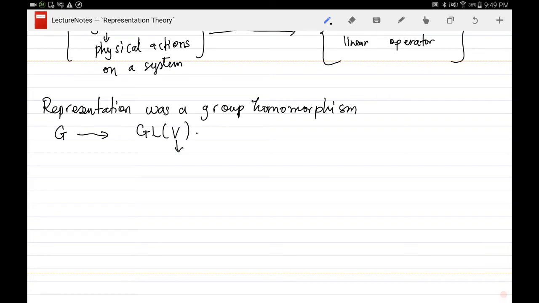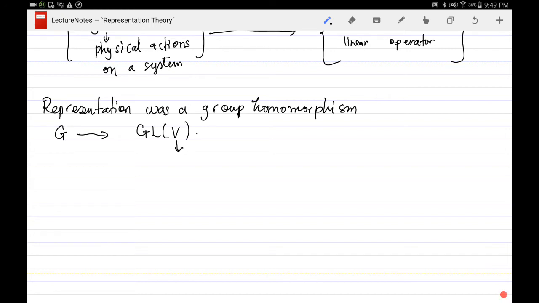And I made a very brief comment and said that I'll be a bit picky and call it the representation space. And although it ultimately makes very little difference, keeping this difference in mind will help a lot when we come to understand some theorems and some proofs.